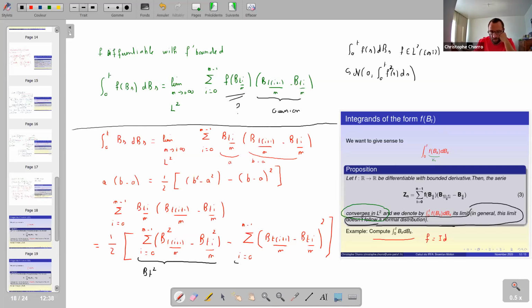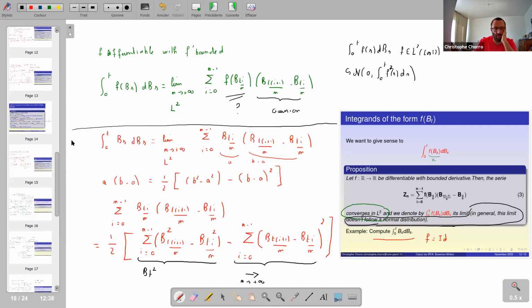And what is the limit of this one? Here you recognize the quadratic variation of the Brownian motion over the interval [0,t]. And we have proved together that when n goes to plus infinity, this sum converges toward the length of the interval on which you take the quadratic variation. I remind you the result.